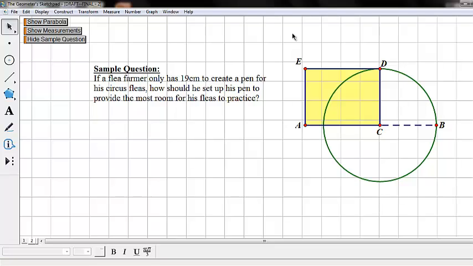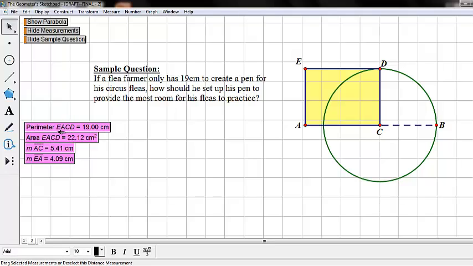So to solve this problem, I constructed a circle and rectangle, which are connected: the circle's radius is one of the side lengths of the rectangle. And since the farmer only has 19 centimeters of fencing, I made sure that the perimeter of the rectangle AECD was 19 centimeters, which you can see over here.